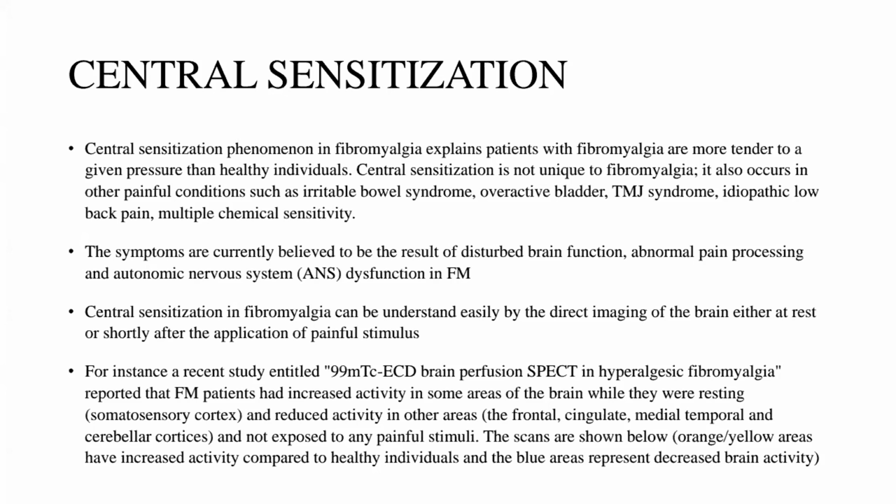For example, the sensory cortex: if the shoulder area of the sensory cortex is hyperactive, the patient may get pain in and around the shoulder and neck musculature. Also the frontal, cingulate, medial temporal, and cerebellar cortex are involved after the pain stimuli. Again they have taken this scanning.